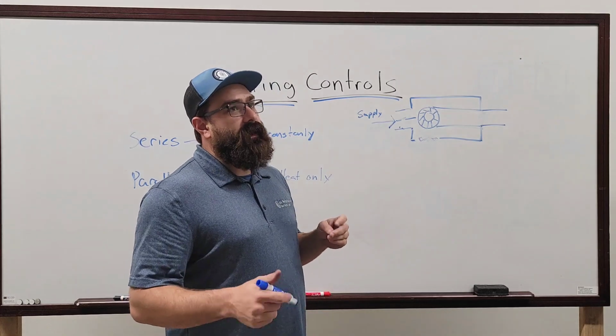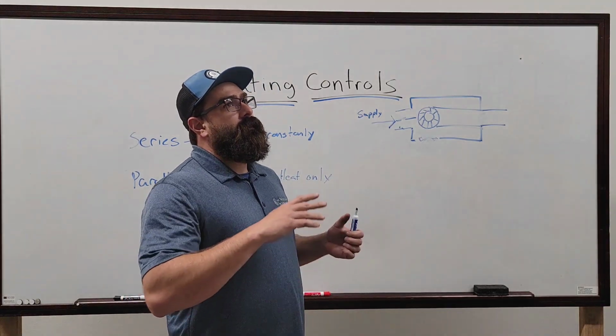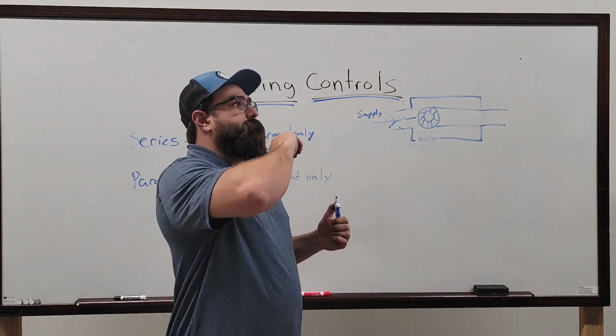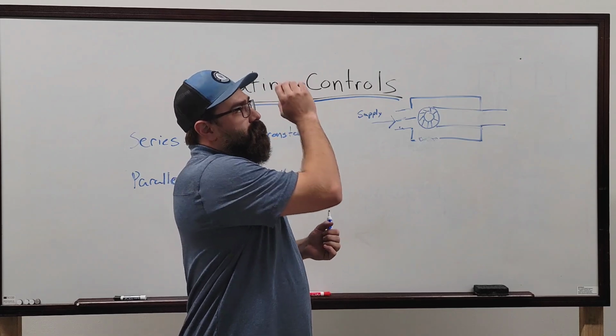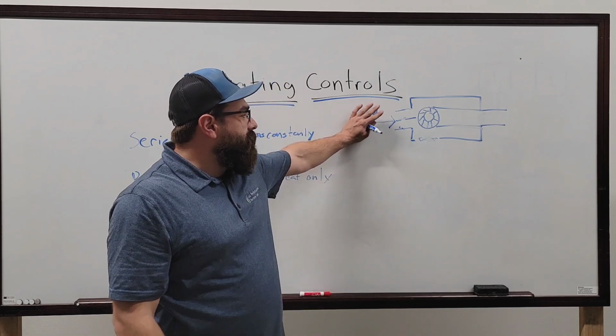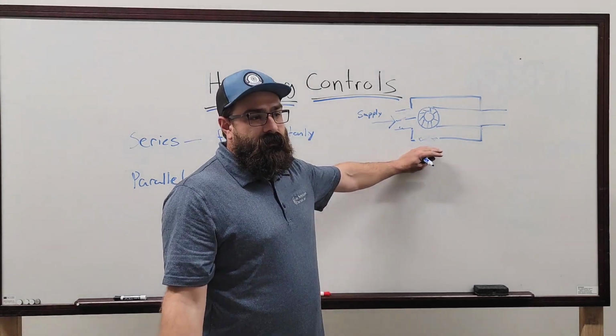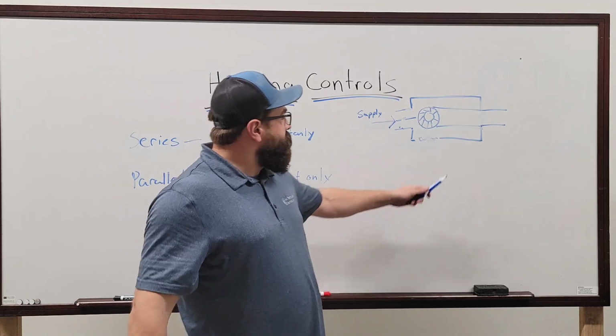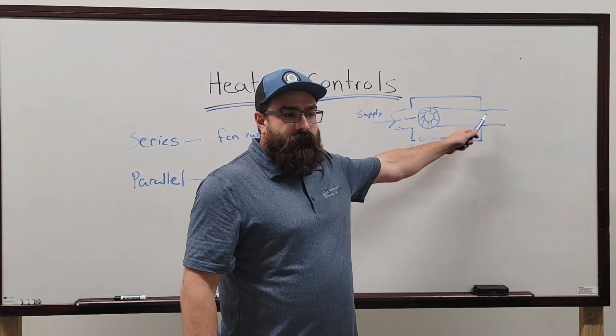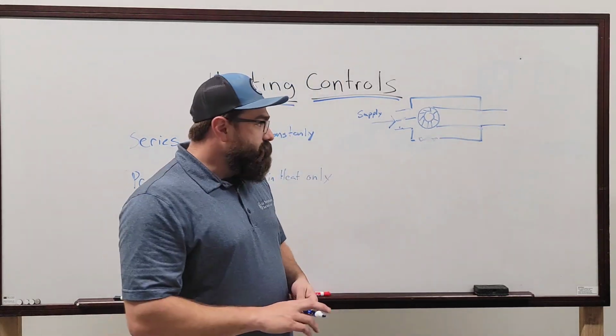That way you're not getting full 55 degree supply air and you're not getting full 74 degree return air. It mixes the two. So you may end up with 65 degree air going into the space.